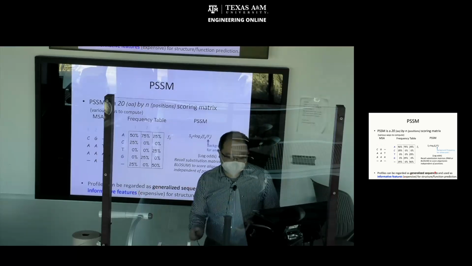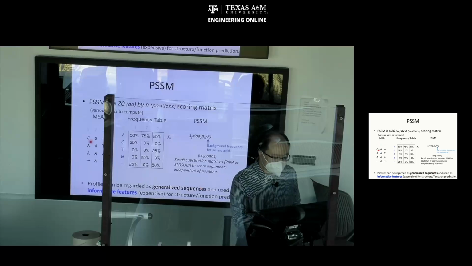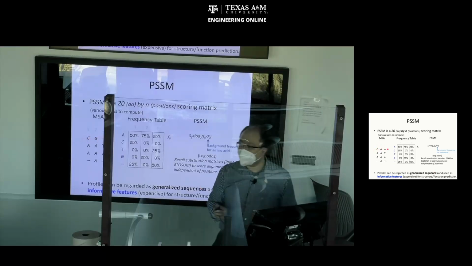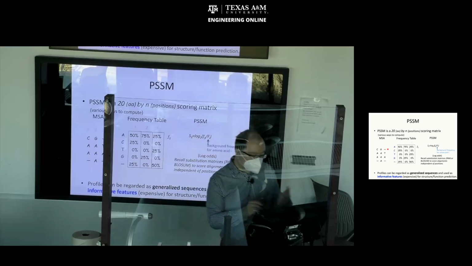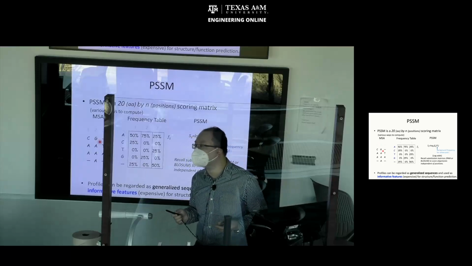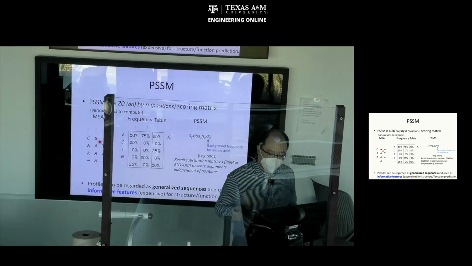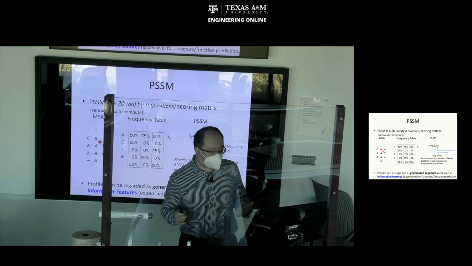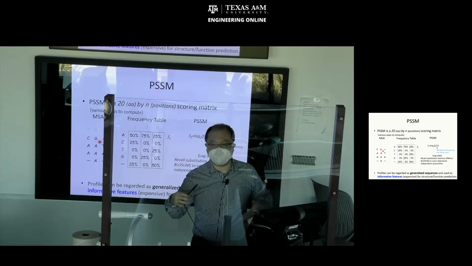It's not saying what is the letter at position 1 or 2 or 3 for this sequence. It's actually reflecting the chance of the letter A, C, G, T at each position given this family. So that is what the profiles means. So profiles are generalized compared to sequences.